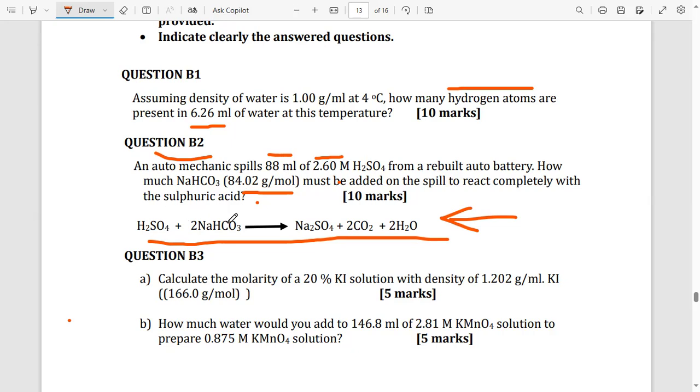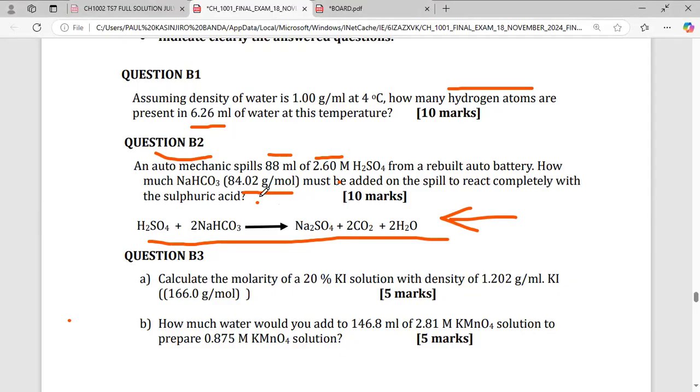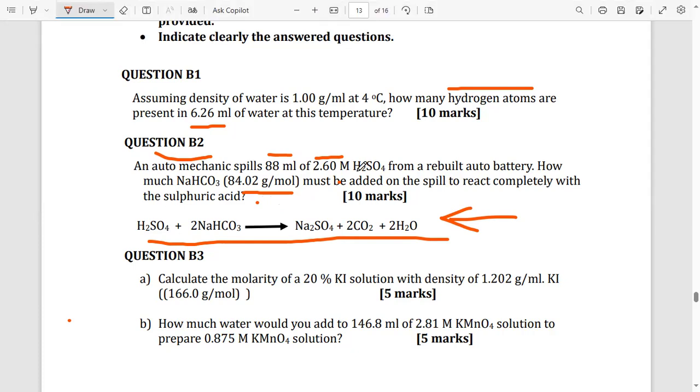So let's find the moles of this guy here. We are going to start with what we know. So we know that we have how many milliliters of this sulfuric acid?